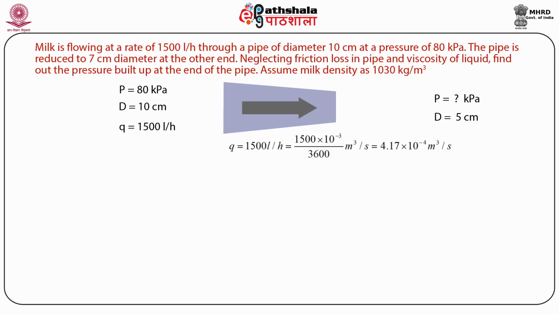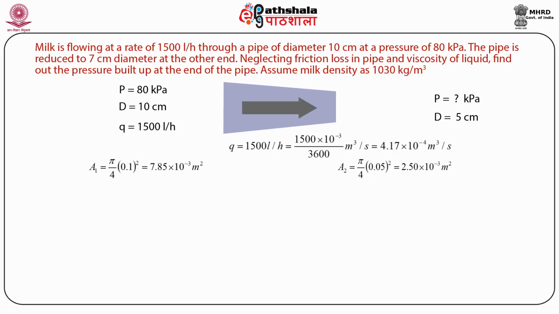So area on the left hand side, A1, is equal to pi by 4 d square, that is pi by 4 into 0.1 square, which is equal to 7.85 into 10 to the minus 3 meter square. Likewise, you can calculate A2 as pi by 4 into 0.05 square, which is equal to 2.5 into 10 to the minus 3 meter square.